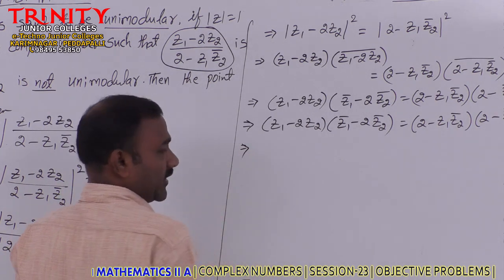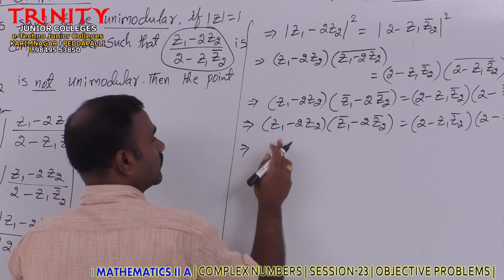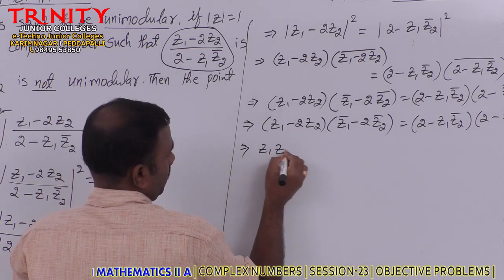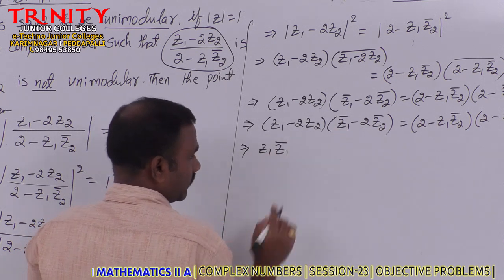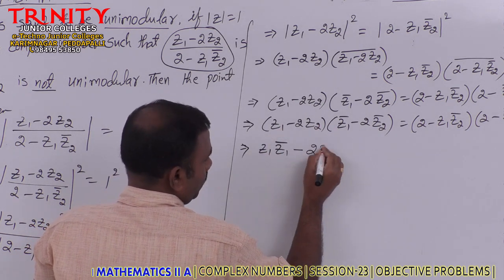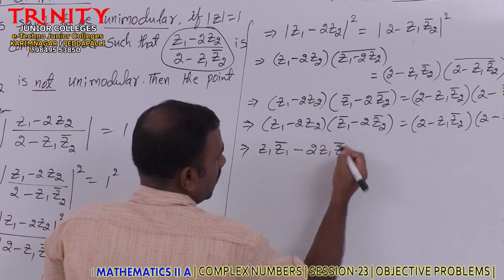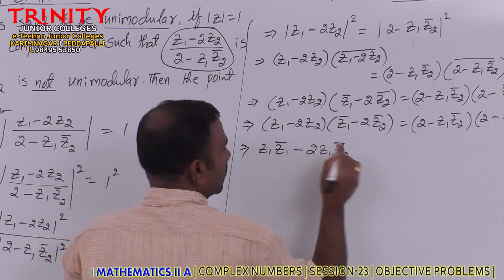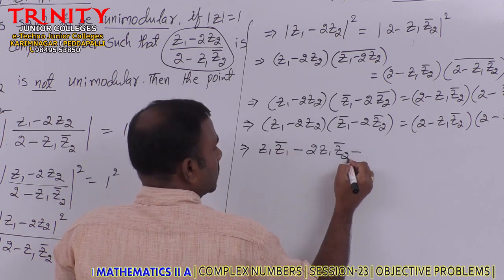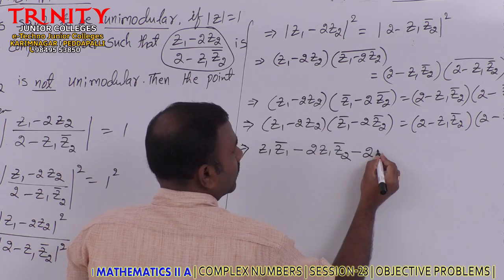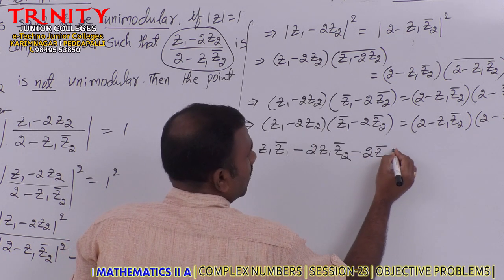Now multiply this. Z1 minus 2Z2, Z1 into Z1 bar minus Z1 into 2 Z2 bar, 2 Z1 Z2 bar, minus 2 Z2 into Z1 bar, minus 2 Z1 bar into Z2.